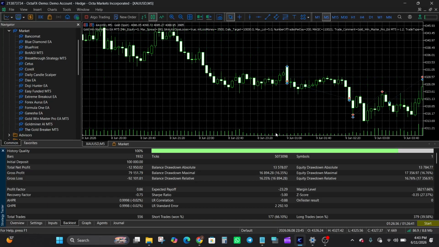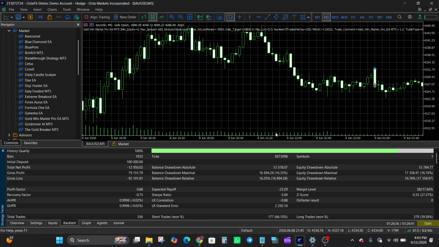And the EA seems to have a strong emphasis on controlled trade management and configurable exposure settings. But like any expert advisor, I would strongly suggest testing it thoroughly in a demo or strategy tester environment before considering any live or funded account usage.